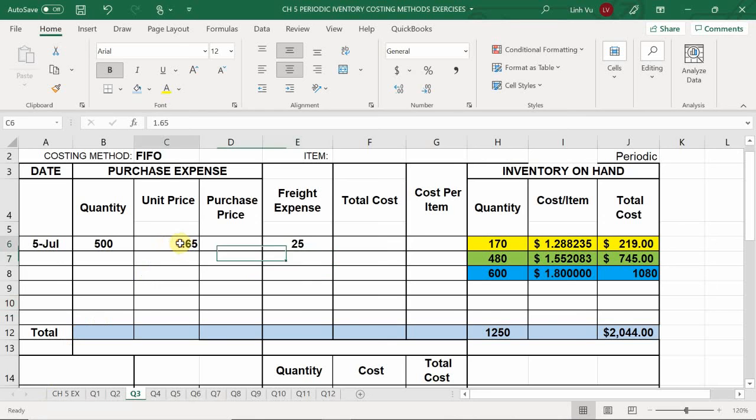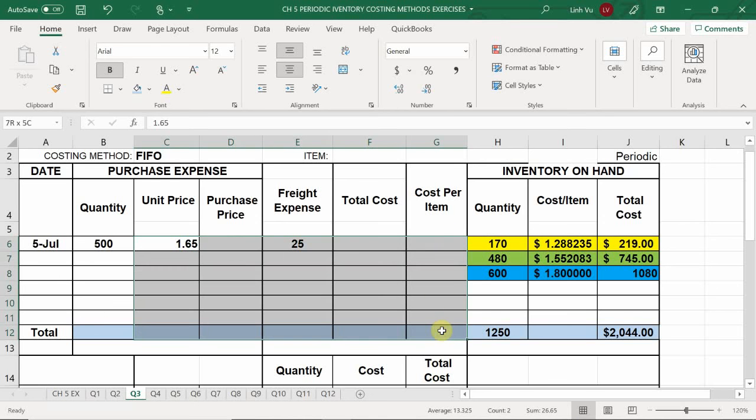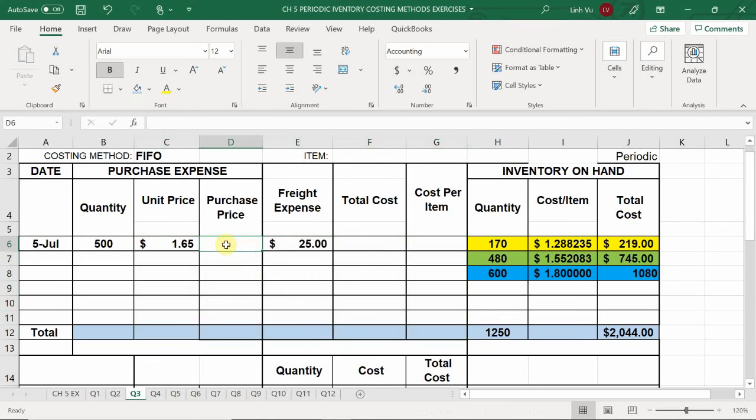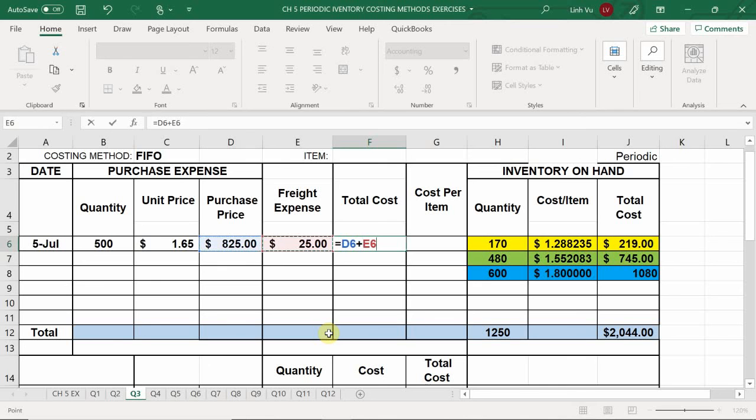So what is going to be my total purchase price? $825. Good. Plus $25, 850.